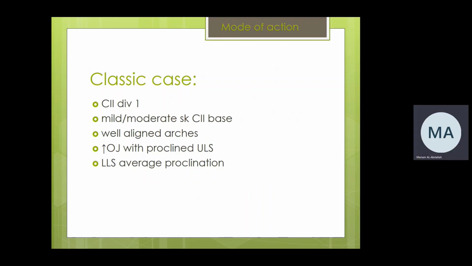Now, the classical case to use a functional appliance only, as we said, is patients with a class 2 division 1 malocclusion and mild to moderate skeletal class 2 base, mainly due to a retrognathic mandible, well-aligned arches or a mildly spaced upper arch and mildly crowded lower arch, increased overjet with a proclined upper labial segment, and a lower labial segment of average proclination.